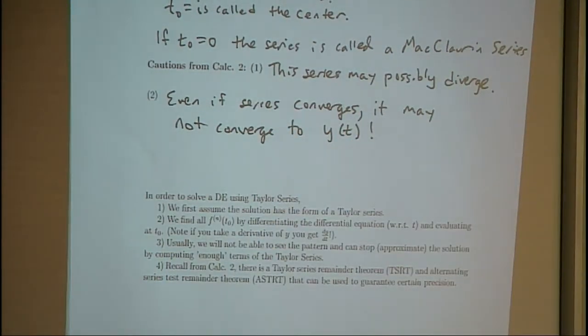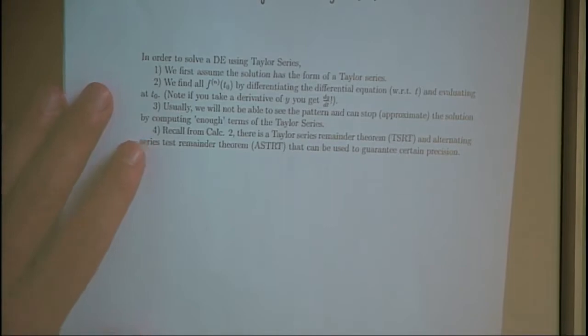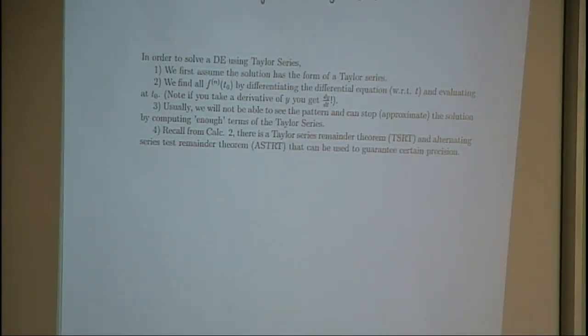And there's something called Taylor remainders that we looked at in Calc 2, and those are supposed to go to 0. I'm not going to get into all that in this class, of course, and all the nitty-gritty about Taylor series, but you can remind yourself that that was a fun experience in Calc 2. Okay? So all those issues about Taylor series come up when you're using this method.